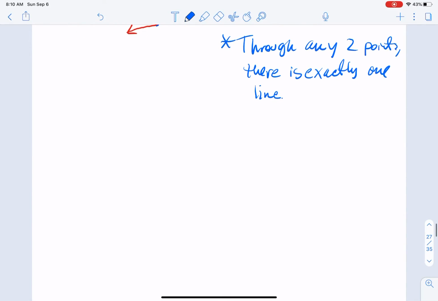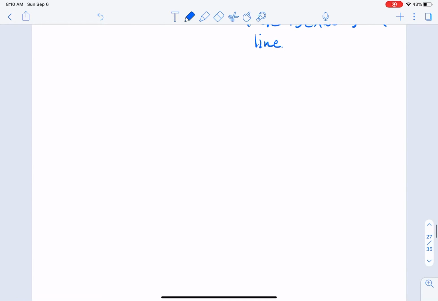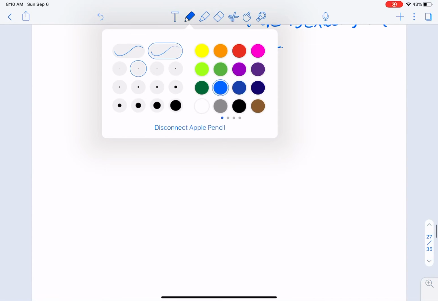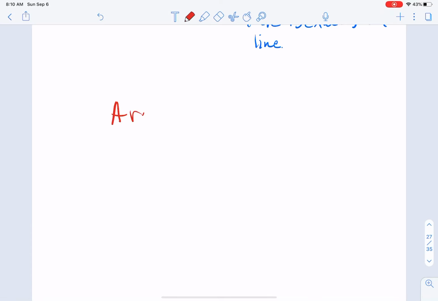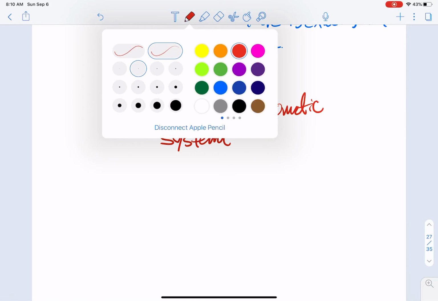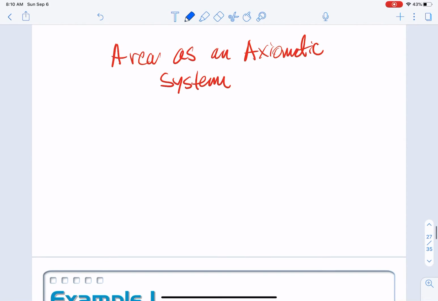Okay, so let's recap which formulas we are talking about. Area as an axiomatic system. So what shapes do we have? Well, we talked about a square, of course. Look at this beautiful square.